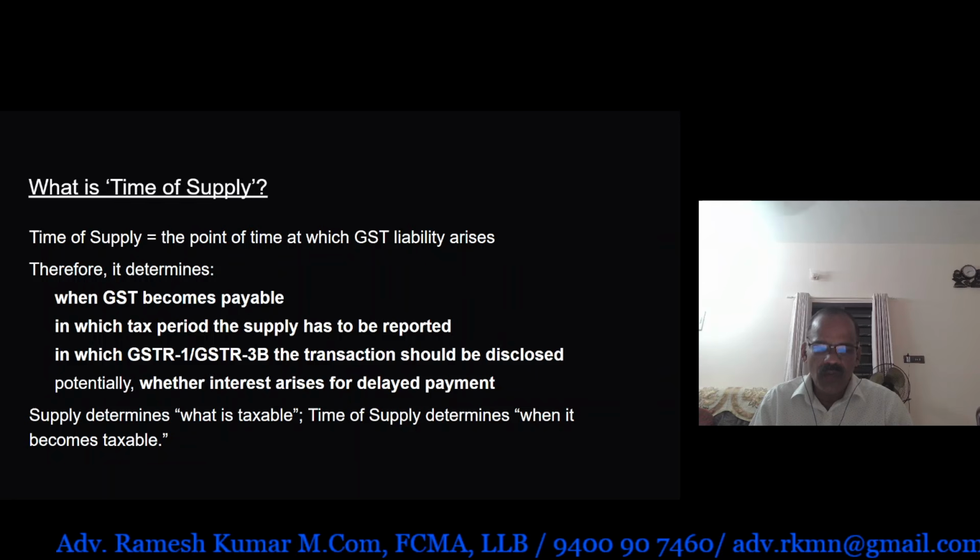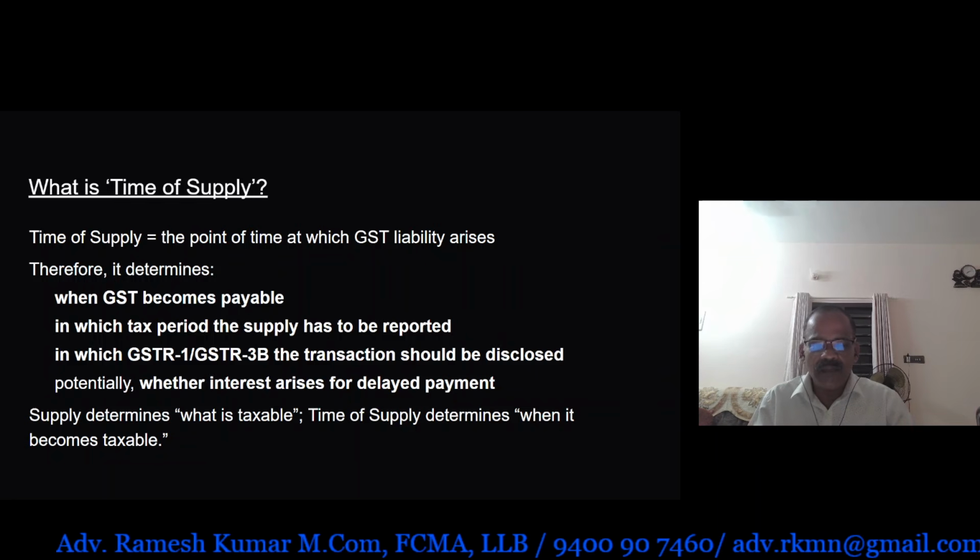So I want you to remember one simple distinction. Supply determines what is taxable, whereas time of supply determines when it becomes payable. Let me give you one example. Suppose I provide a taxable service during this month, that is August. Now, the important question is not merely whether the service is taxable.